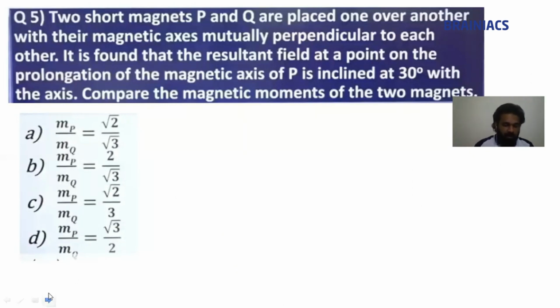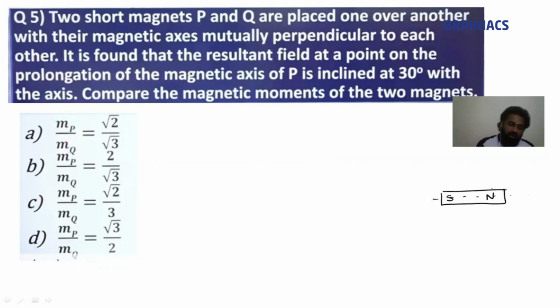So here, two short magnets P and Q are placed one over another with their magnetic axes mutually perpendicular to each other. Magnetic axis means nothing but south-north. If this is the bar magnet, the magnetic axis is this south and north.